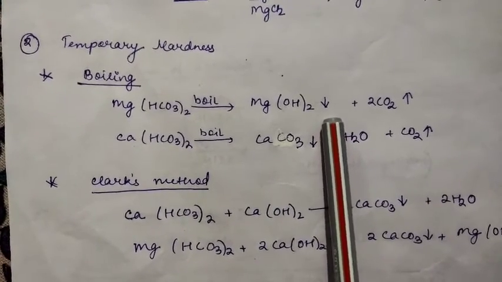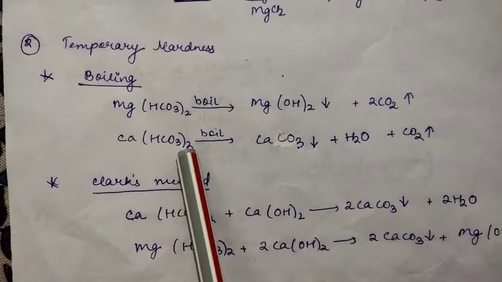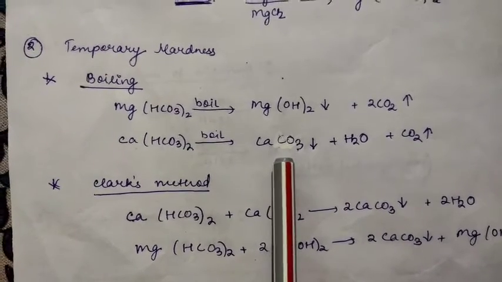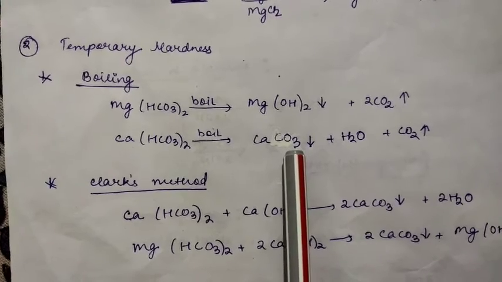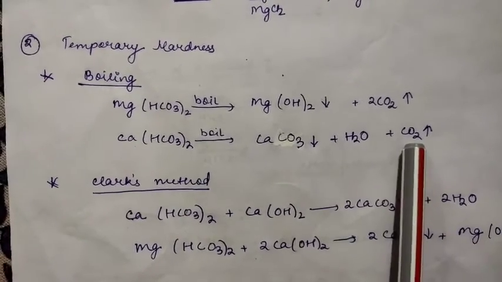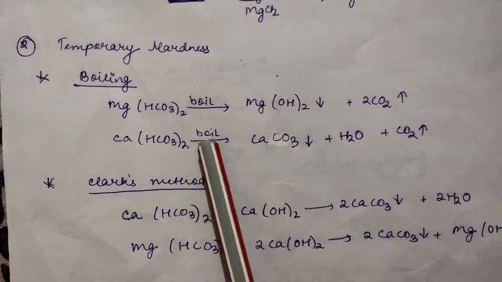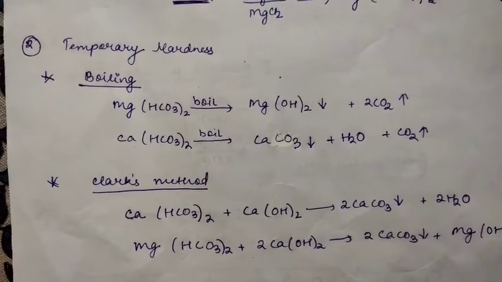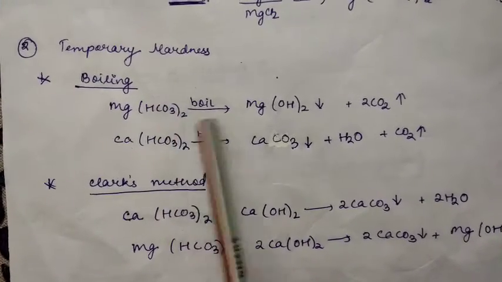Now here what happens is the same for calcium hydrogen carbonate, but here you are not going to get calcium hydroxide but calcium carbonate, which is the insoluble portion in water, plus water plus carbon dioxide. Here also water is present, no doubt, but here we are showing only the reaction of the compound, the breaking of the compound, but already water is there, you know.